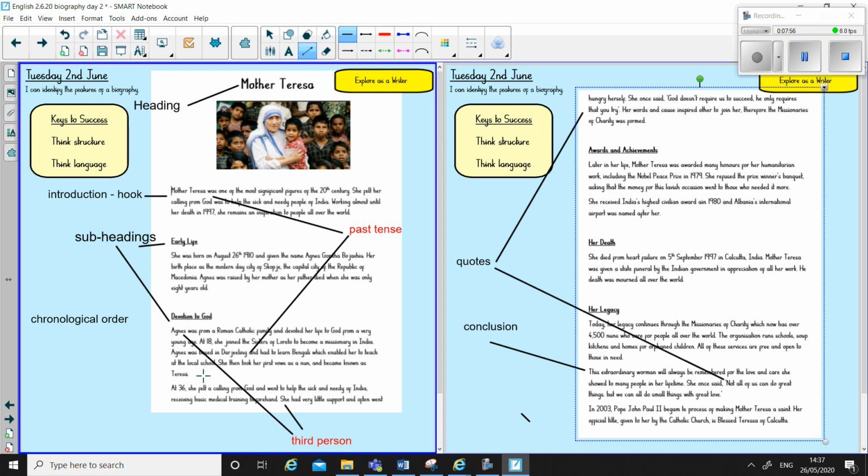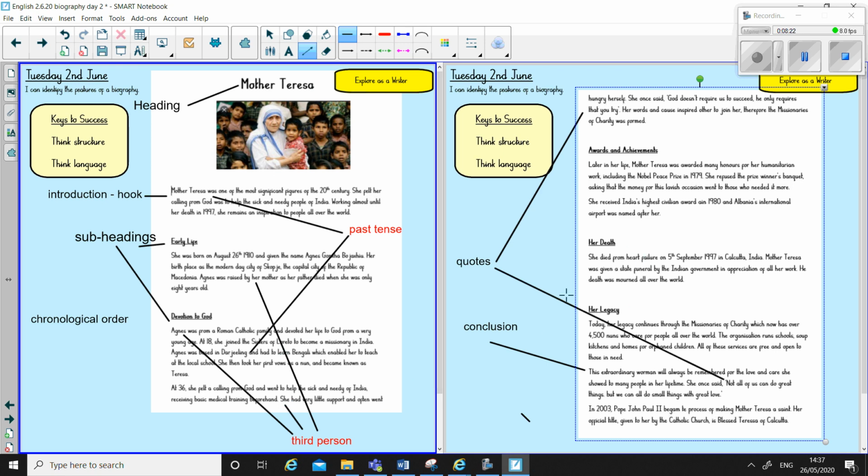It could be her name Agnes. It could be things like her. That's also third person. It's not my mother, it's her mother. I wonder if there's any other pronouns, any other words that mean she or her. It could be Mother Teresa, could be Teresa. All those words mean it's the third person.